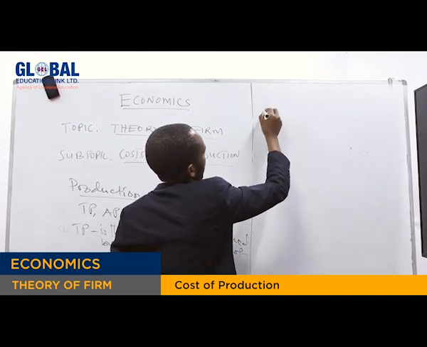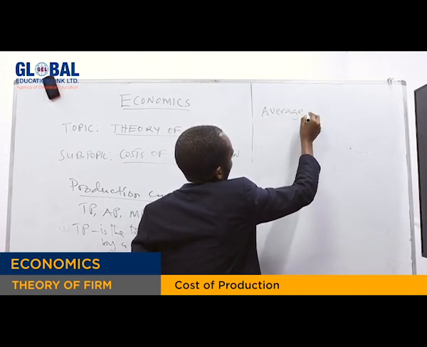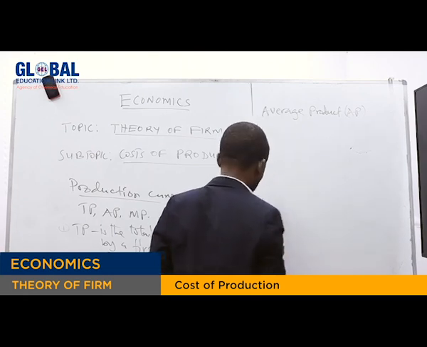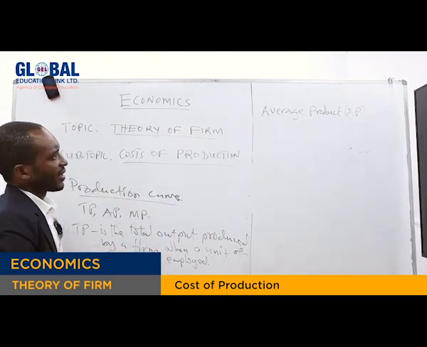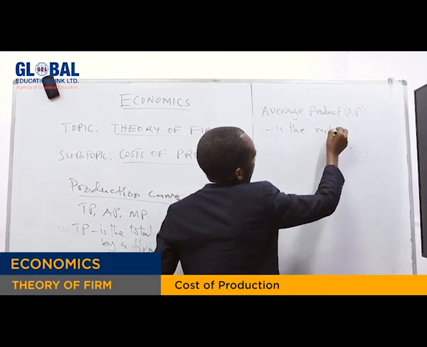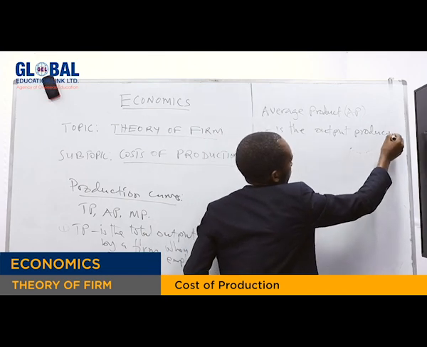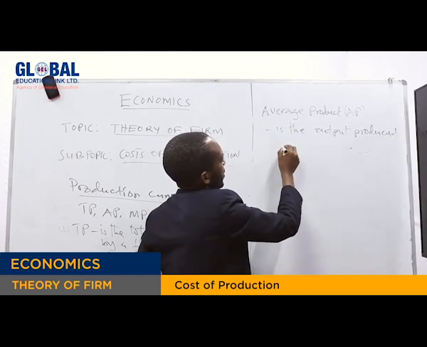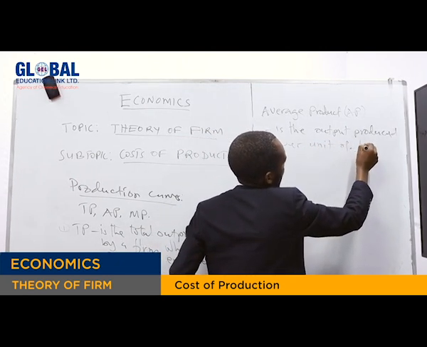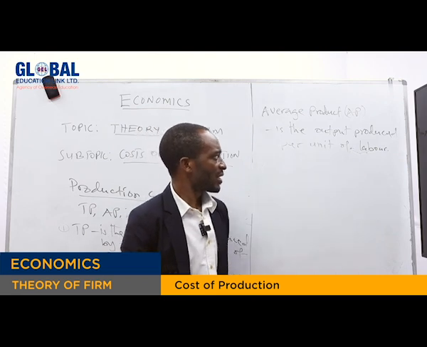So average product, or AP, is the output produced per unit of labor.